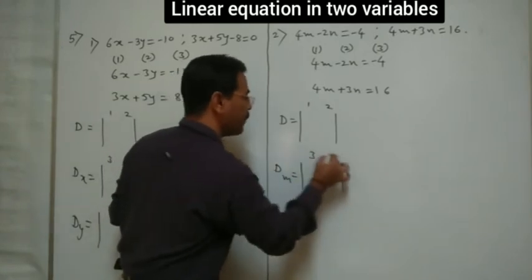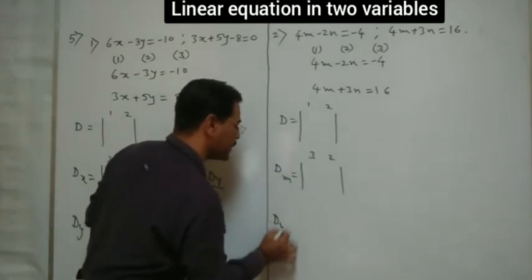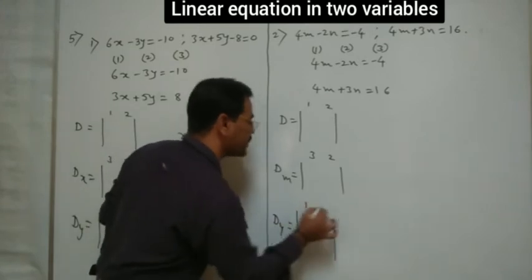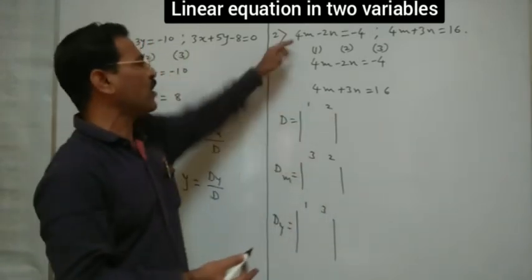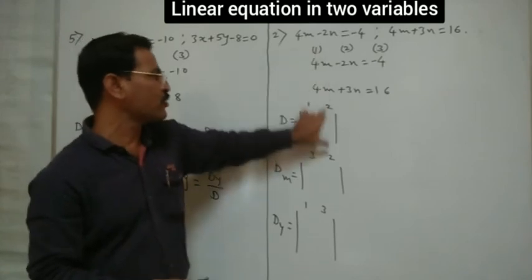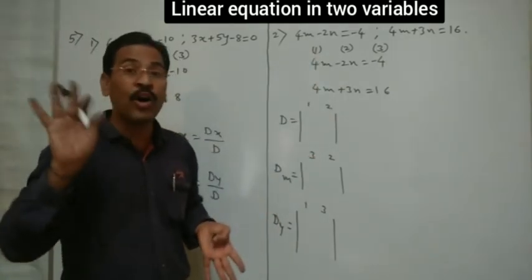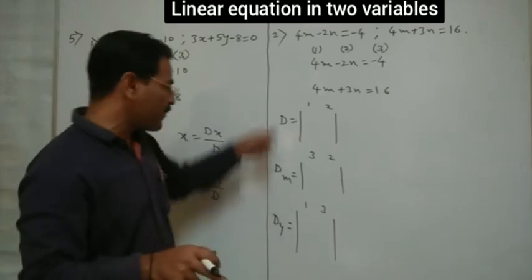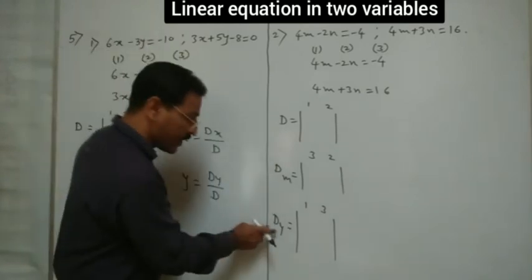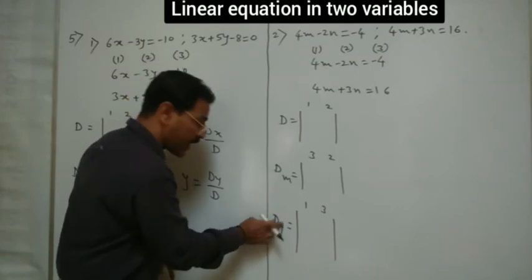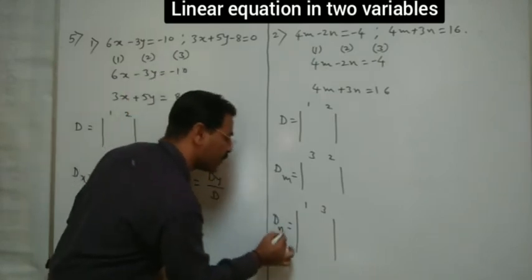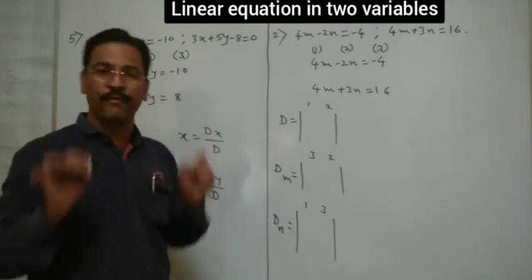Okay, 12, 32. And here it is Dn. This is 13. Again, we will put the values of the coefficients: 4, 4, minus 2, 3, minus 4, 16. And we'll get here not x, y, but m and n. So, after getting D, Dm, and here Dn, don't make this kind of confusion.